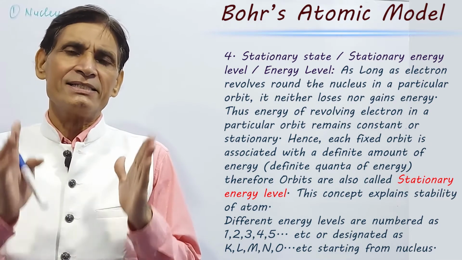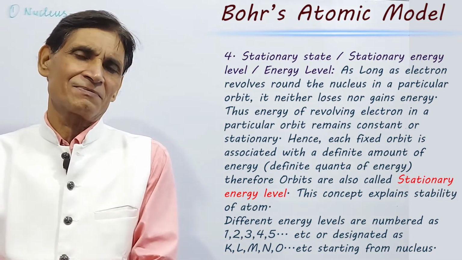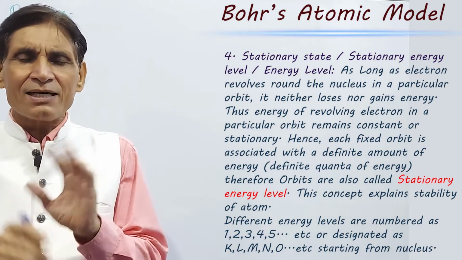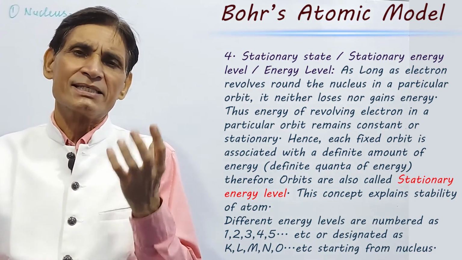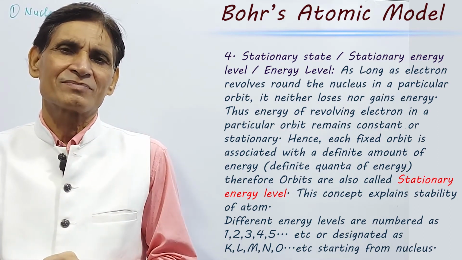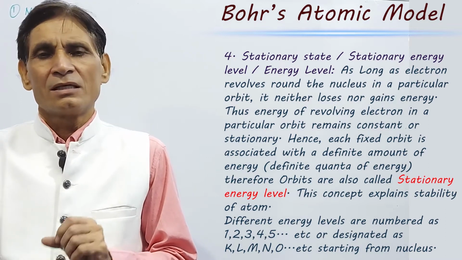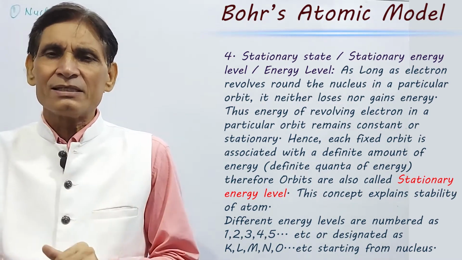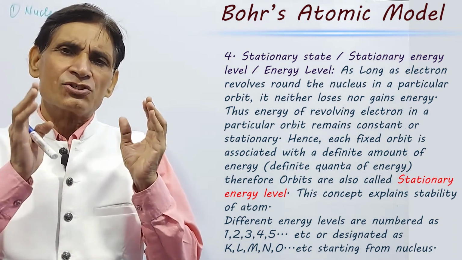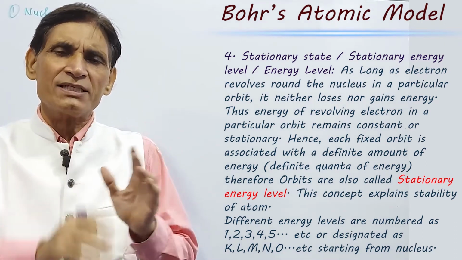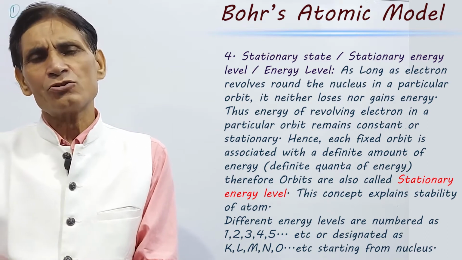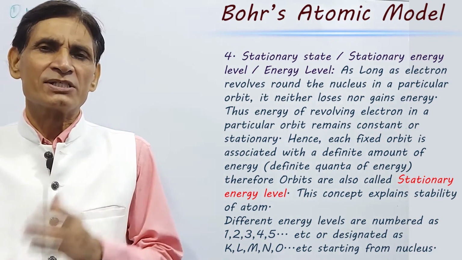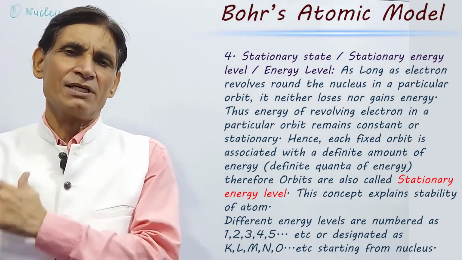Hence, the energy of electron remains constant. This is why orbit or shells are also known as stationary state. And thus, each orbit or shell is associated with a certain definite amount of energy, and these are also called energy levels or stationary energy level.